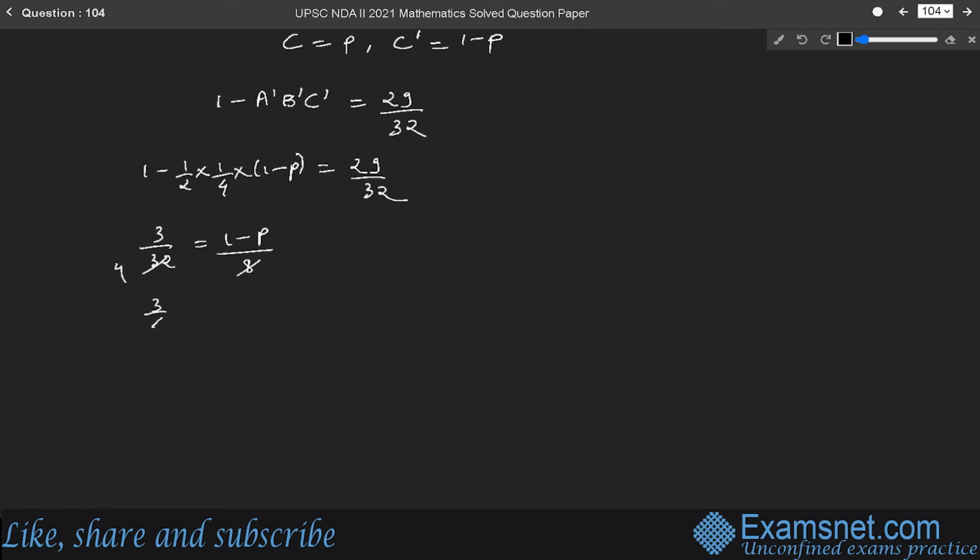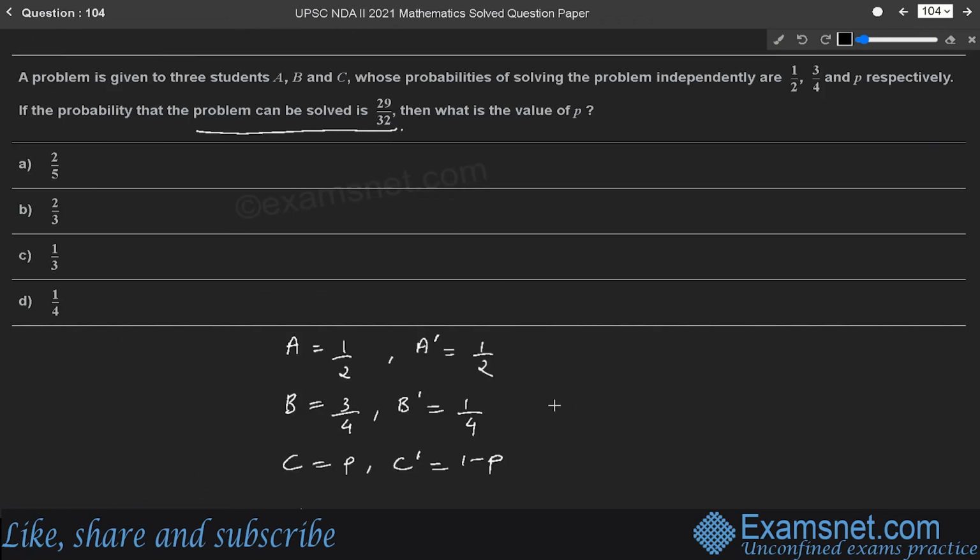So it will be 3 by 4 is equal to 1 minus P, and 3 is equal to 4 minus 4P. So 4P will be equal to 1 and P will be equal to 1 by 4. So this is the value for P. So the correct option here is option number D, which is 1 by 4. It was a very simple question.